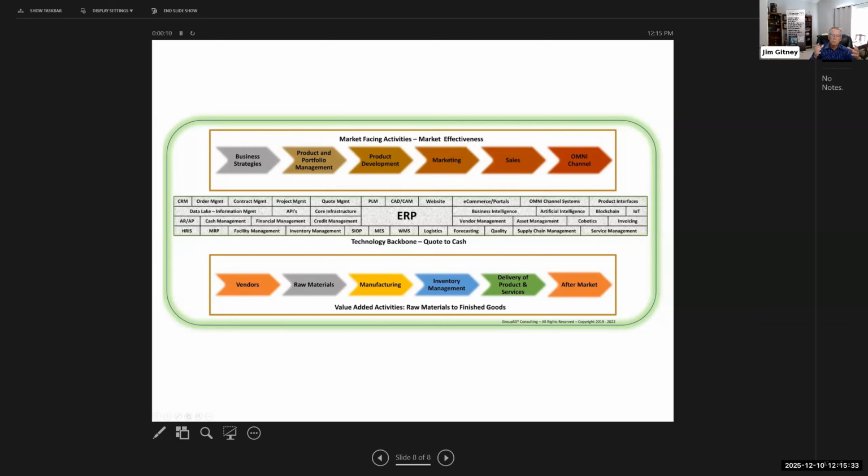So where most people don't understand the cost of IT is they look at it strictly as a cost rather than the potential impact that cost can have on the productivity of market-facing activities, the supply chain, and the bottom line on the P&L.